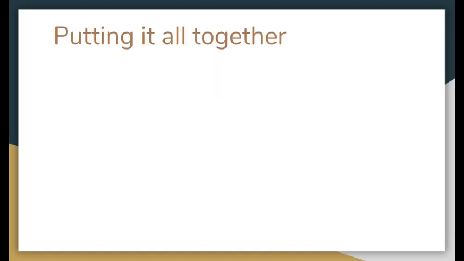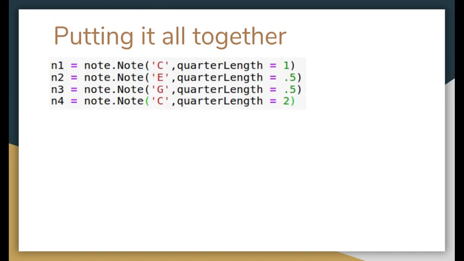Okay, so now let's put everything together and create a simple melody. First, I'm going to create a set of different notes. When I create the note, I'm setting the note value and the quarter length property. For example, N1 is a quarter note, N2 and N3 are eighth notes, and N4 is a half note.